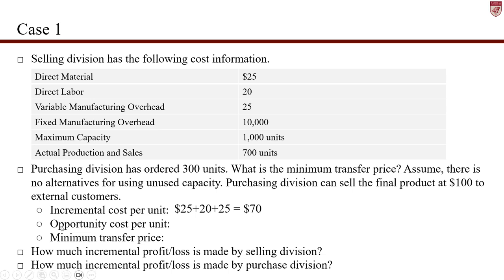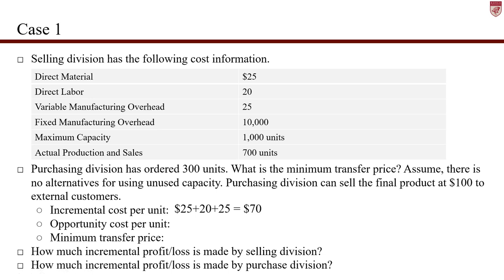How about the opportunity cost? In other words, is there any contribution margin that the selling division is giving up by selling to the purchasing division in the organization? And the answer is no, because as it's stated above, there is no alternative for using the unused capacity.